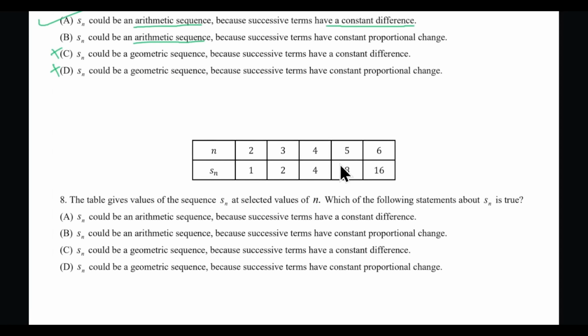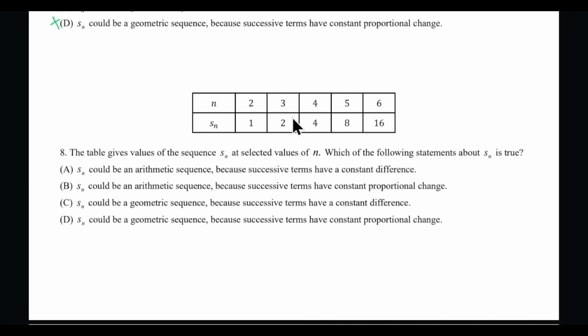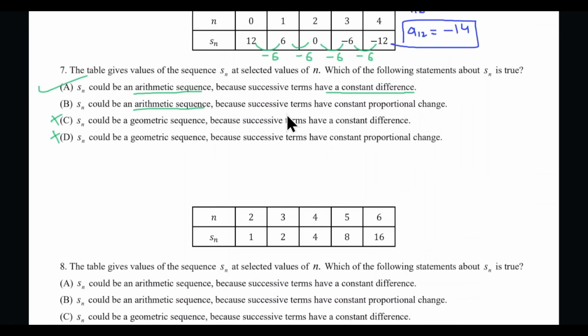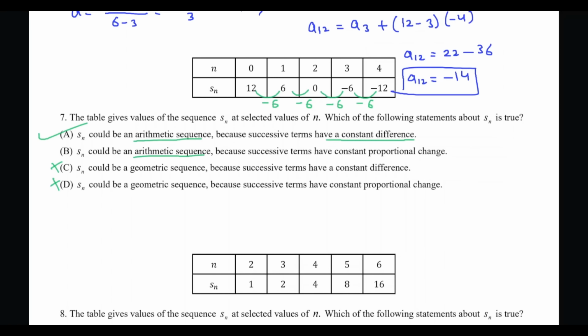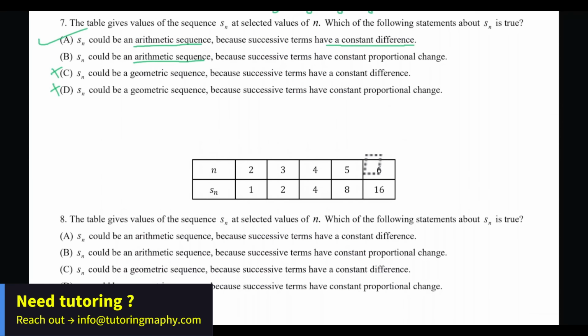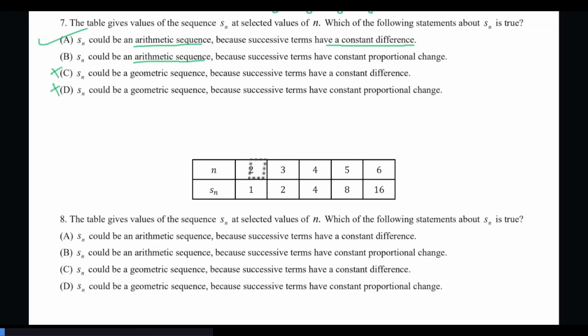Proportional change is the property of geometric, so that's not what we want. Okay. The table gives the values of the sequence; which of the following statements about S_n is true? Again, I think the same scenario, but this time I forgot to tell you, just make sure the n values are increasing by the same gap. In this case, yes, it is, and in the next question also it is. I'm not saying that the gap should be 1. The gap can be 2 as well, like 2, 4, 6, 8, 10.